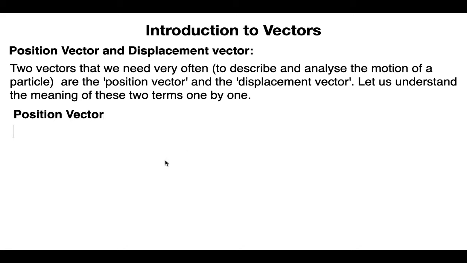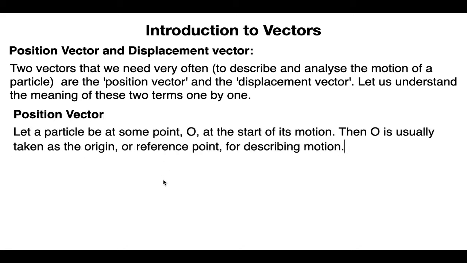Position vector. Let a particle be at some point O at the start of the motion. O is usually taken as origin. Not always, not essentially, but it is convenient to take the starting point as origin for describing motion.